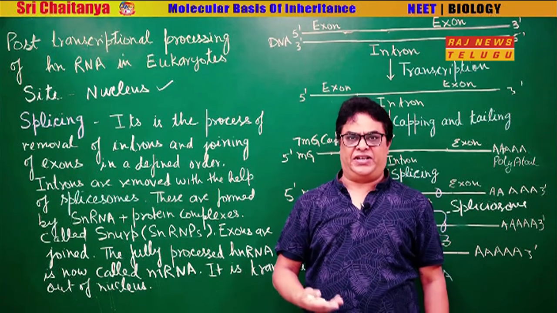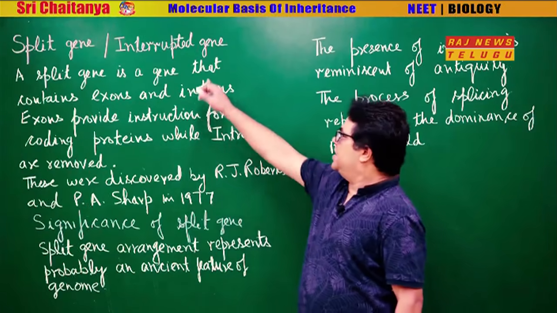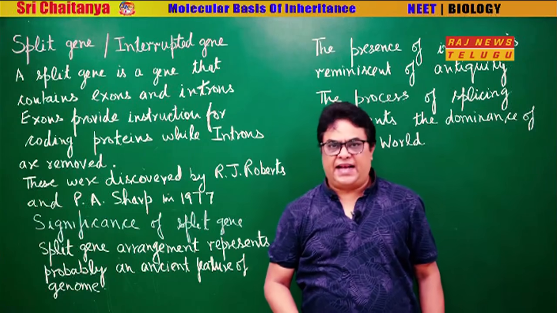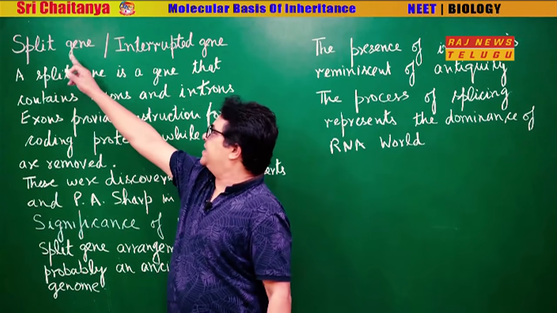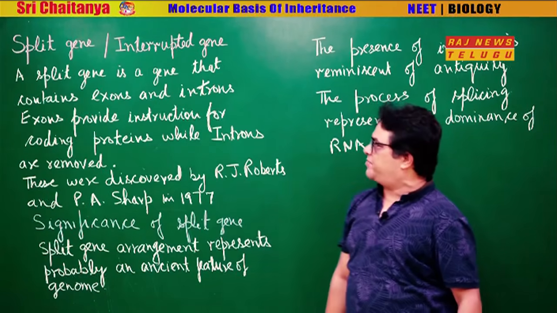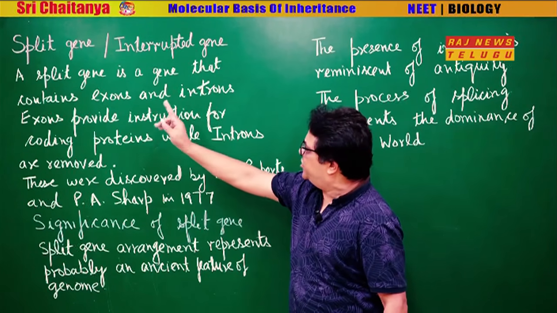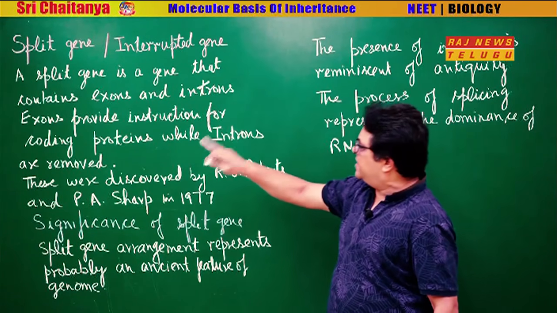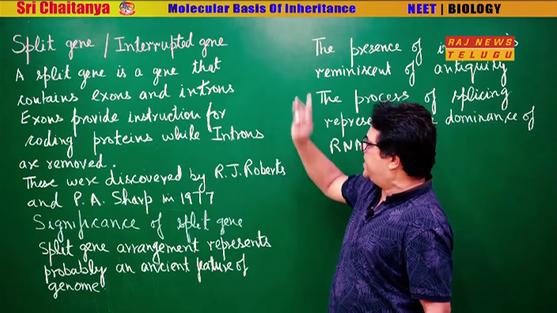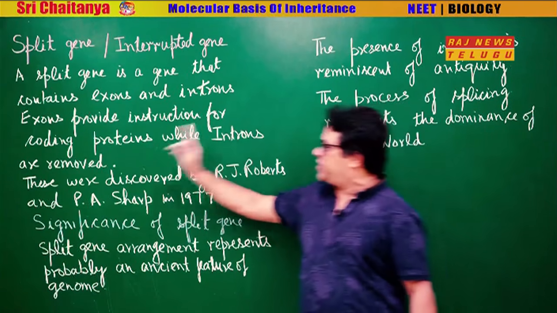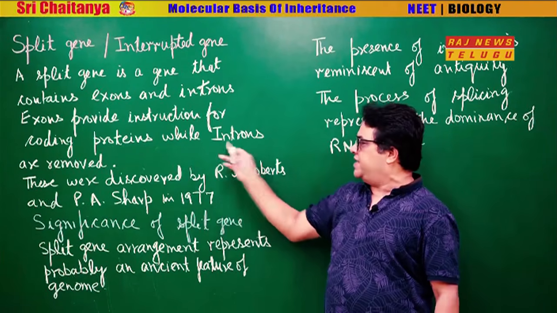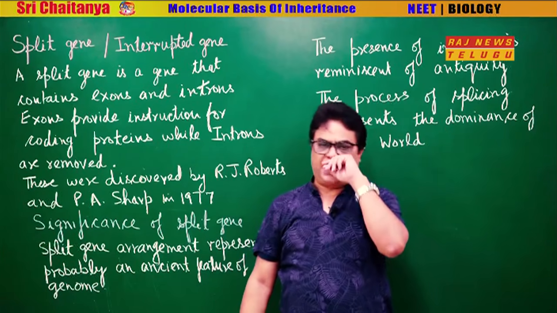Now children, such genes that have introns and exons are called split genes or interrupted genes. So, a split gene is a gene that contains exons and introns. Exons provide instructions for coding proteins while introns are removed.